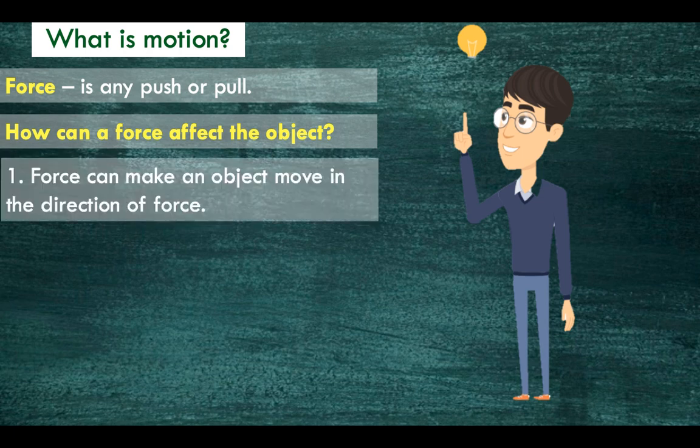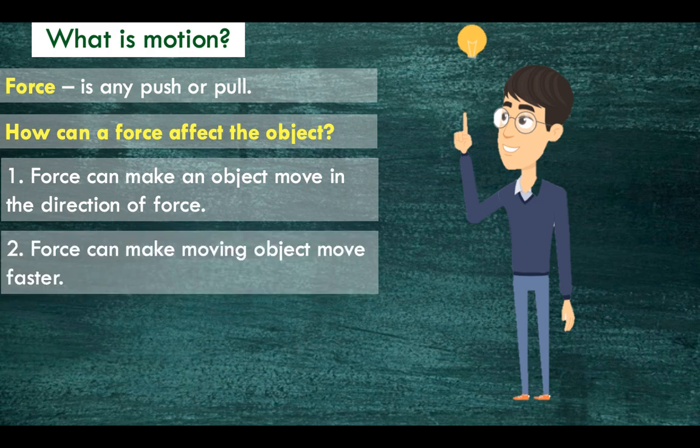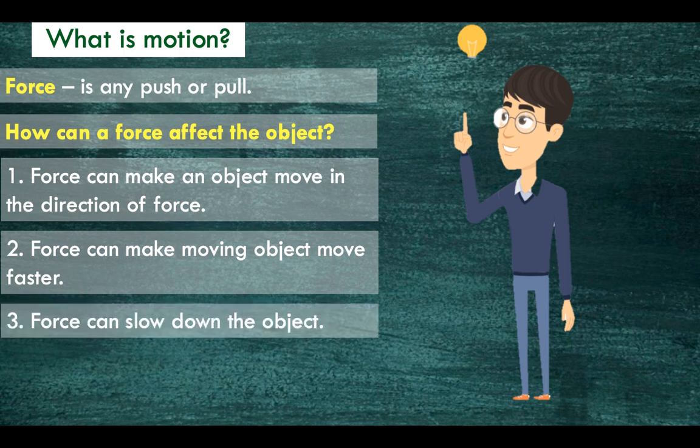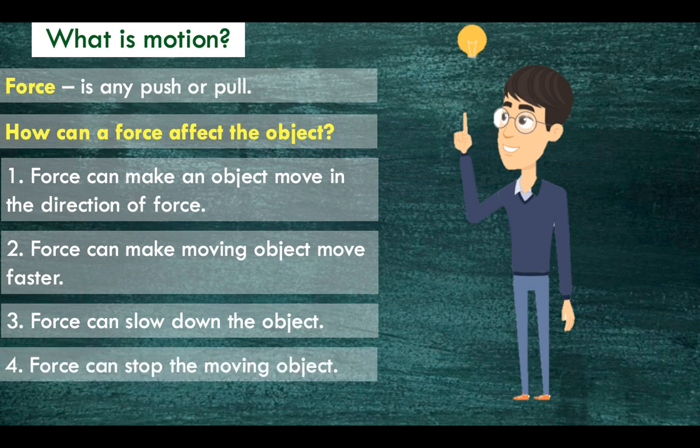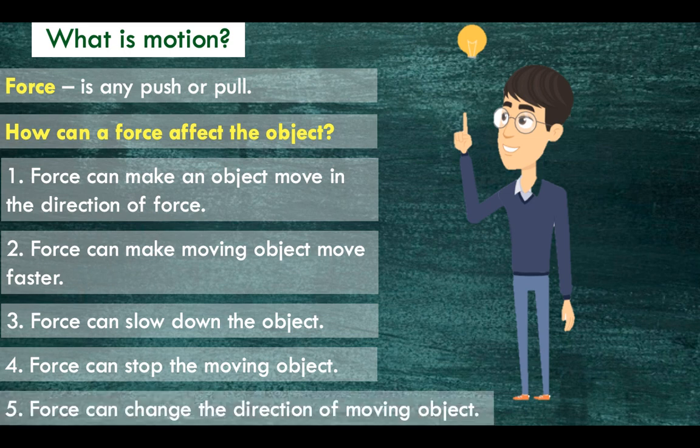First, force can make an object move in the direction of the force. Second, force can make a moving object move faster. Third, force can slow down the object. Fourth, force can stop the moving object. And lastly, force can change the direction of moving object.